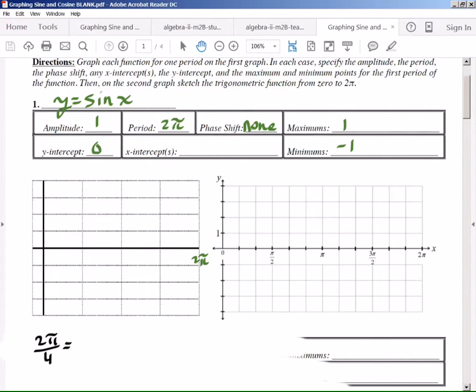If you simplify that, you get pi over 2. So we go pi over 2, 2 pi over 2, and 3 pi over 2. And then if we add it one more time, we get 4 pi over 2, which gives me 2 pi. This one simplifies to give me pi, because 2 divided by 2 is 1, so we get 1 pi.